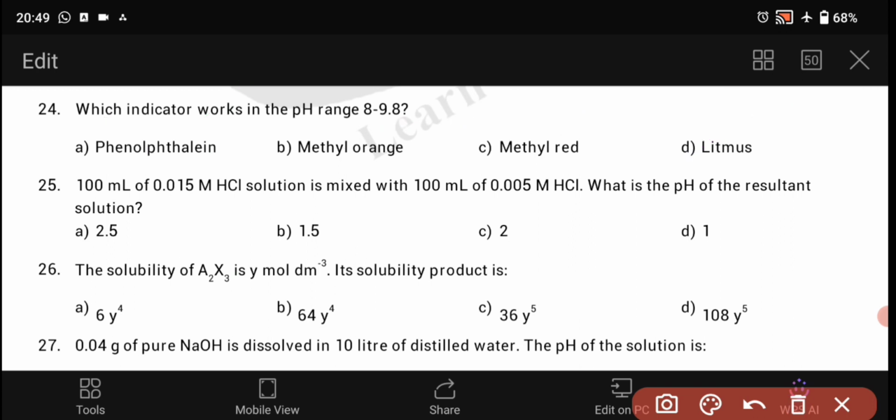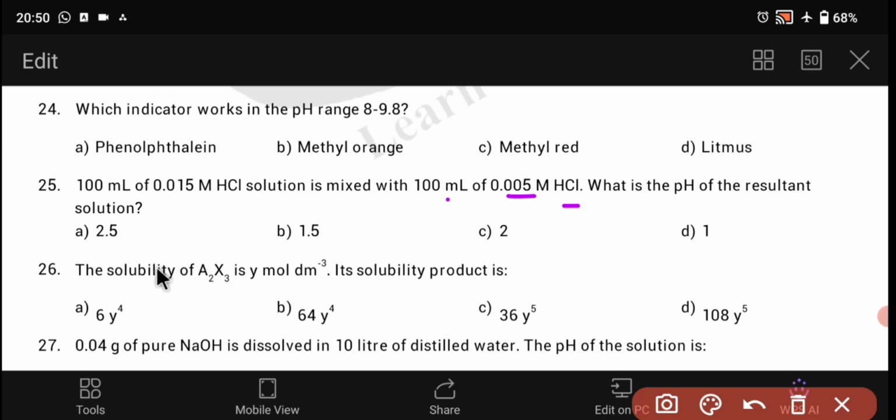Okay, next question: 25 mL of 0.01 molar HCl solution is mixed with 100 mL of 0.005 molar HCl. The pH of the resultant solution is?